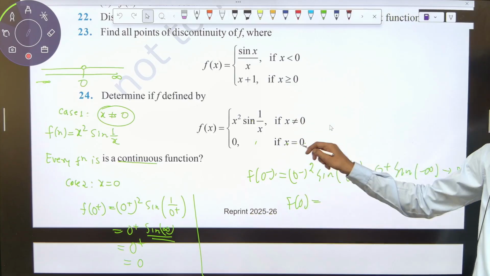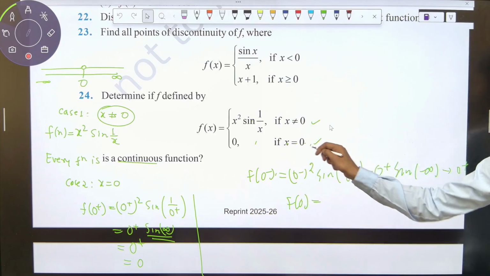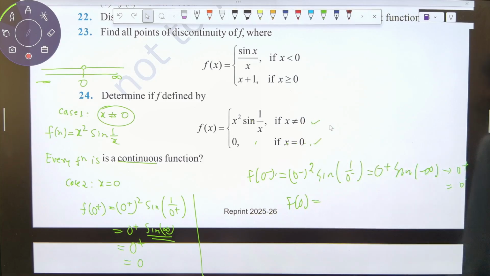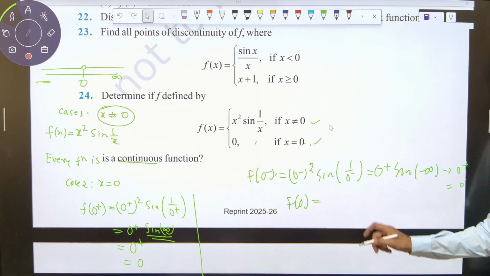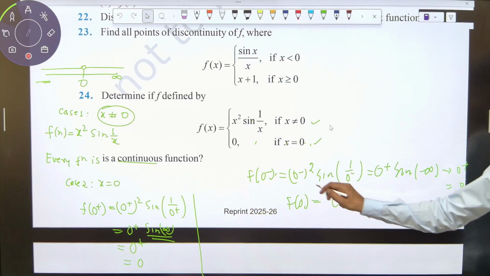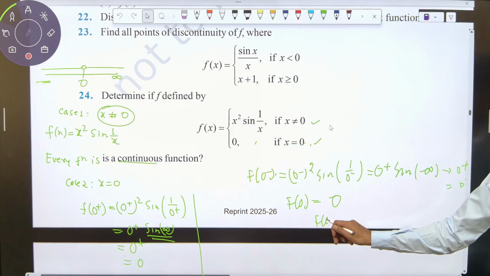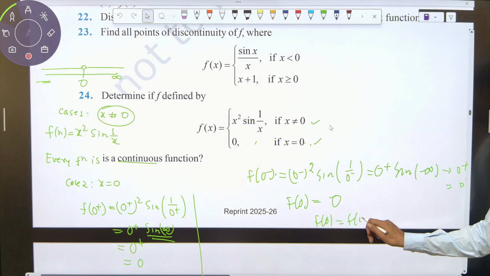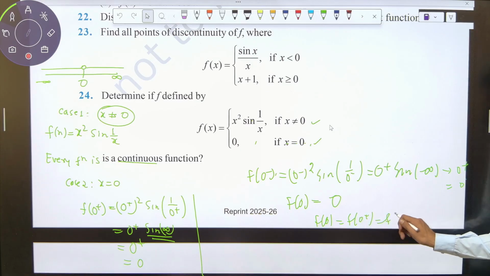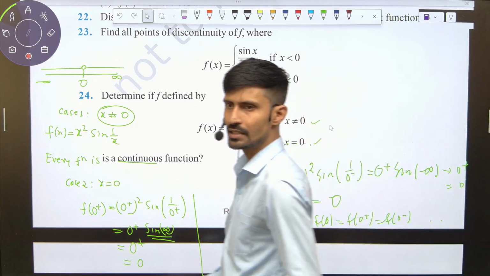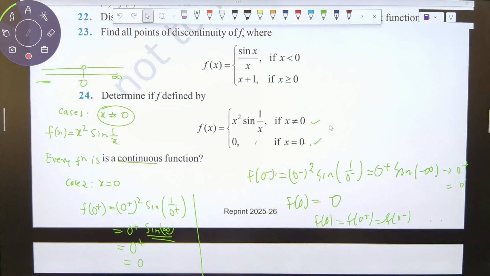From where will we find f(0), first or second? Is 0 equal to 0, or 0 greater than 0? 0 is not greater than 0, so the first. That value is 0 only. So all three are equal. So we write f(0) is equal to f(0 plus) is equal to f(0 minus). Hence it is continuous everywhere.